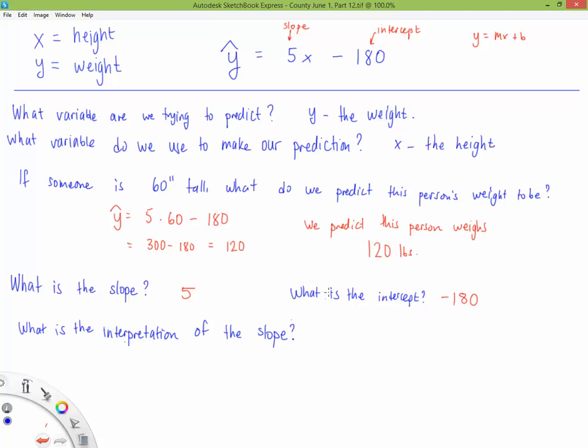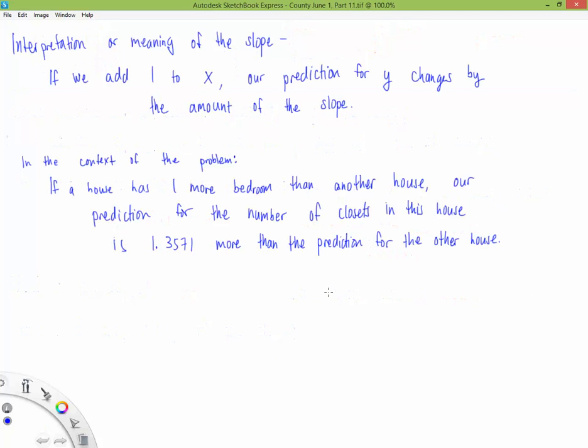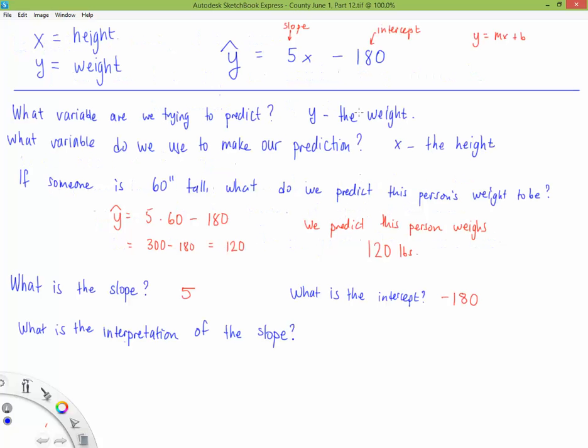It says if we add 1 to x, our prediction for y changes by the amount of the slope. So think of what x is and what y is, but don't shout out any answers. If we add 1 to x, our prediction for y changes by the amount of the slope.